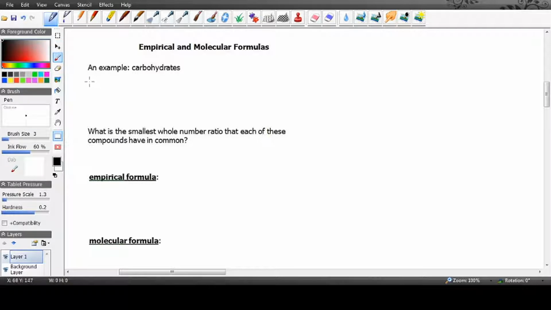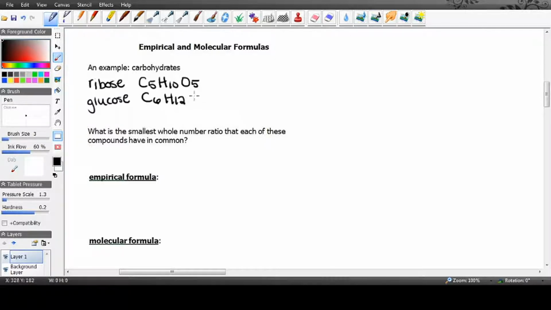One carbohydrate is ribose. It's found in RNA. And its formula is C5H10O5. A different type of carbohydrate is glucose, also known as the sugar that is found in your blood sugar.